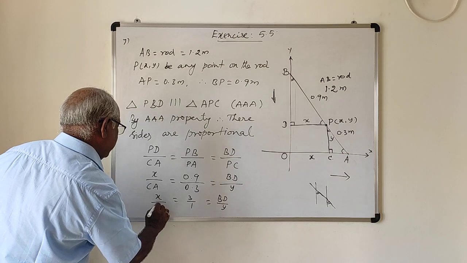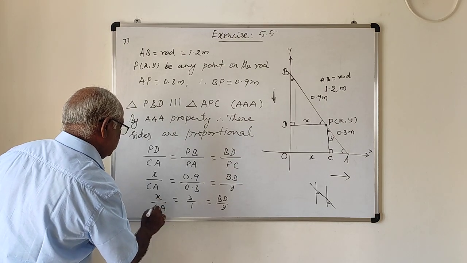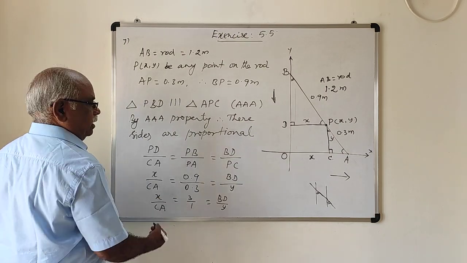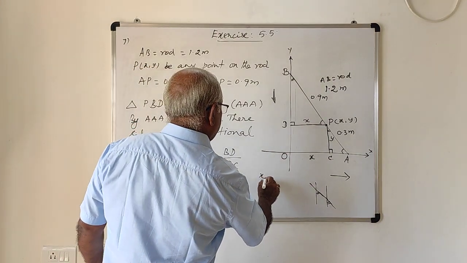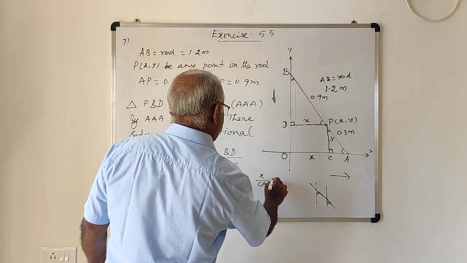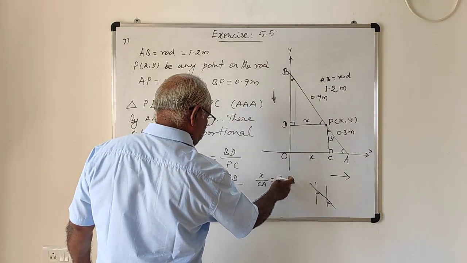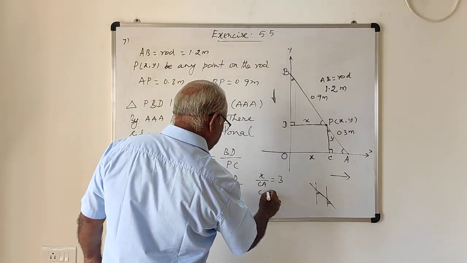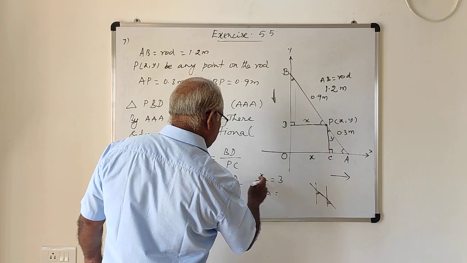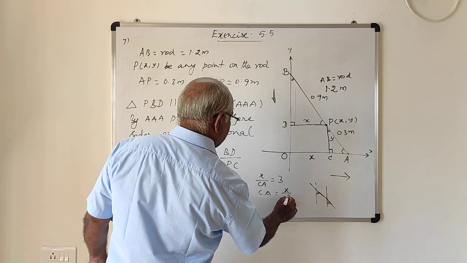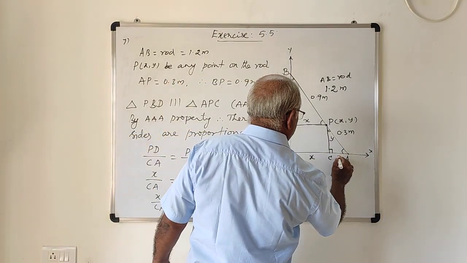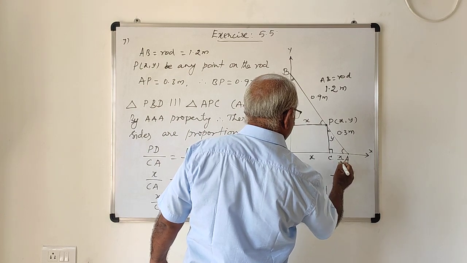Here X by CA. Comparing these two, X by CA equals 3, therefore by cross multiplication CA equals X by 3. So CA we determined is X by 3.